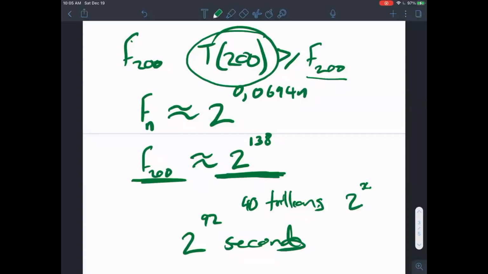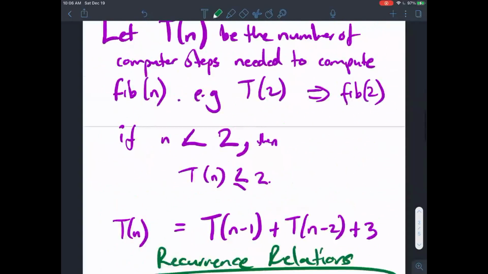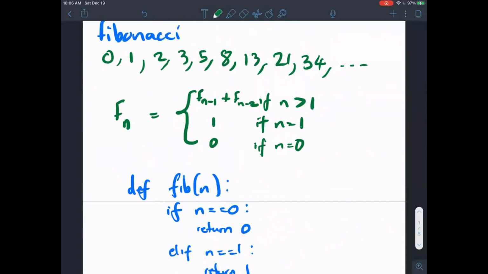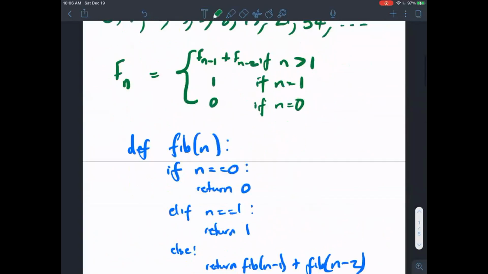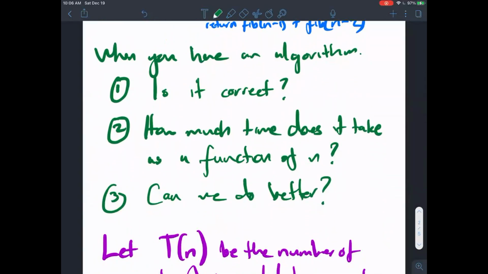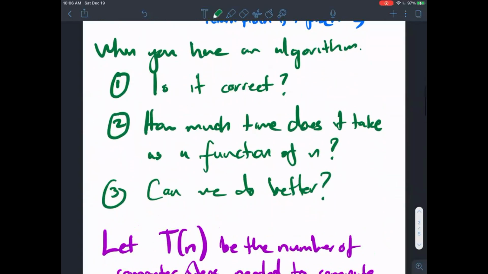So even though this definition of Fibonacci is mathematically correct, when you want to write your code, we can't use it because it's not very practical. So from having an exponential algorithm, we ask ourselves, can we do better? And yes, we can do better.